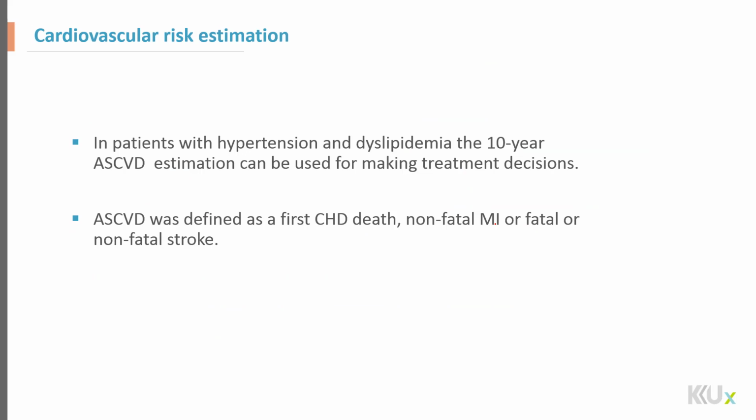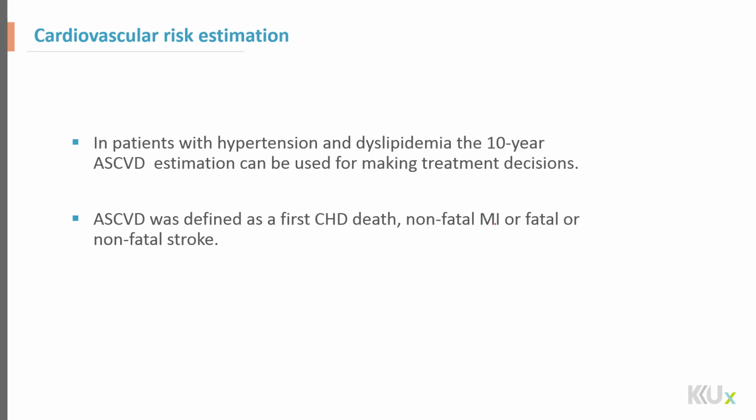The third concept is how to integrate the previous risk factors into estimating your total risk. Someone who has one risk factor definitely has less cardiovascular risk than one who has 2, 3, 4, or 5 cardiovascular risk factors.